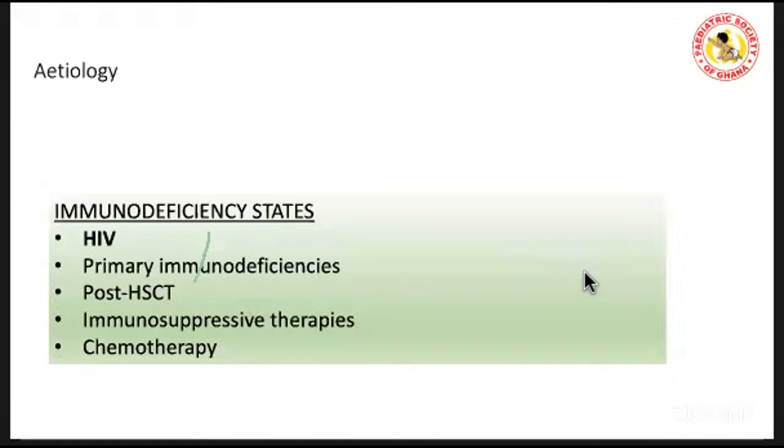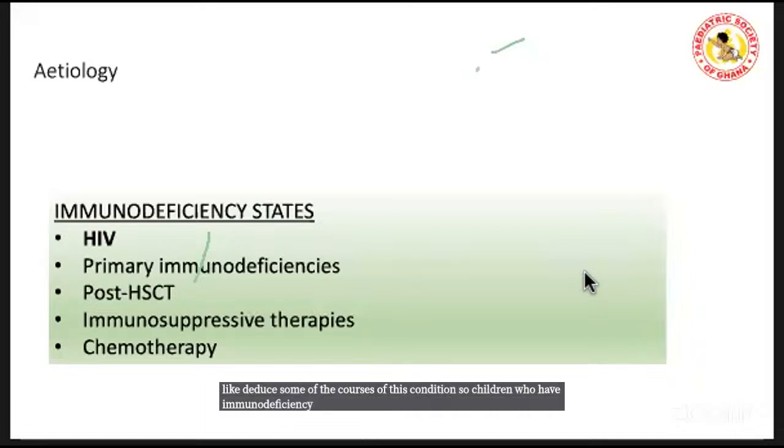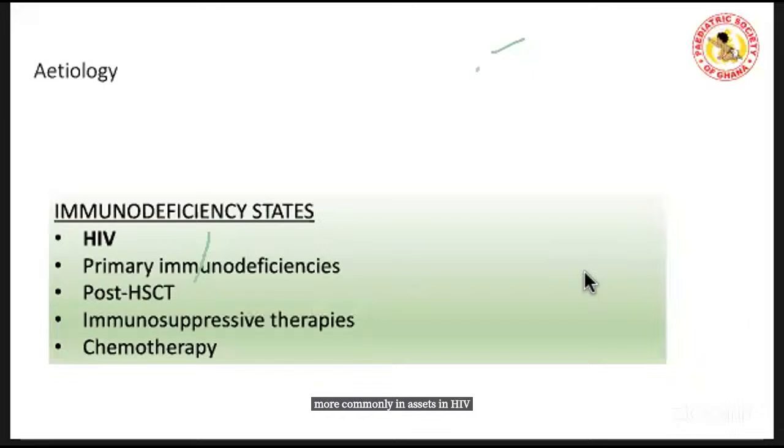So based on what we discussed in the pathophysiology, we can deduce some of the causes of this condition. Children who have immunodeficiency states, more commonly in our setting HIV, that is secondary immunodeficiency. And we know HIV and TB always go together. So there are many cohorts of children that we need to follow up, assessing them for signs of chronic obstructive lung disease and then instituting management.